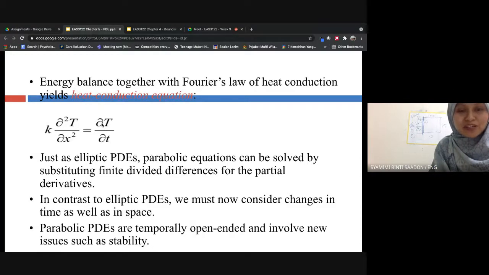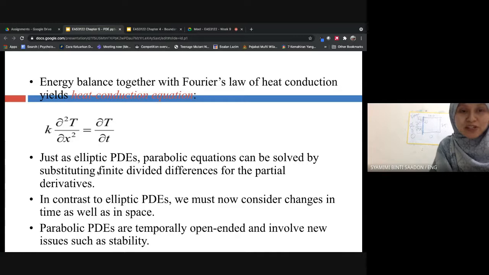The heat conduction equation is this one. Those who have done the lab 3 experiment, we apply this heat conduction equation, Fourier's law. Just now it was the Laplacian equation.